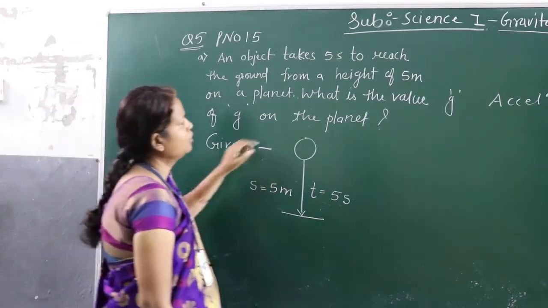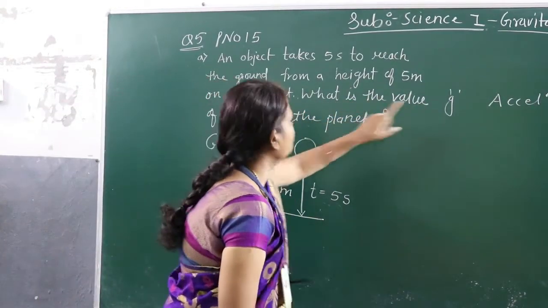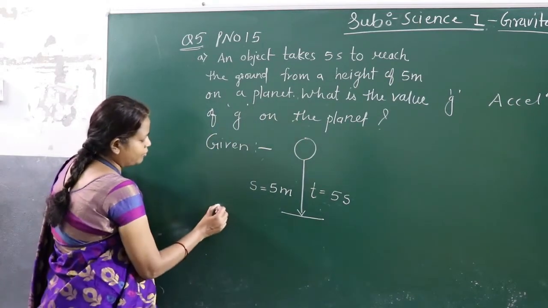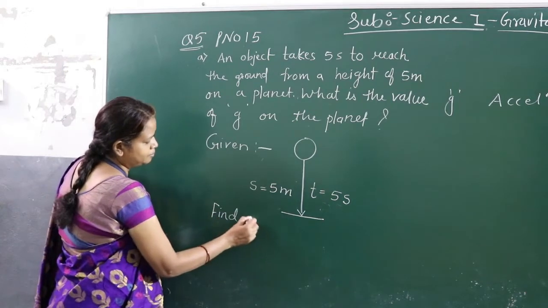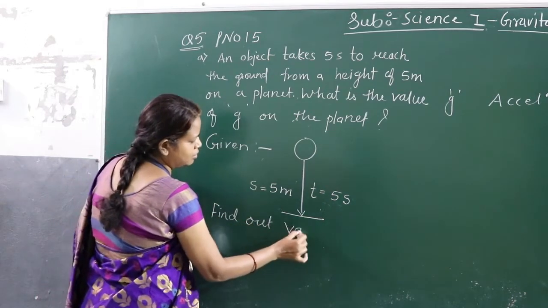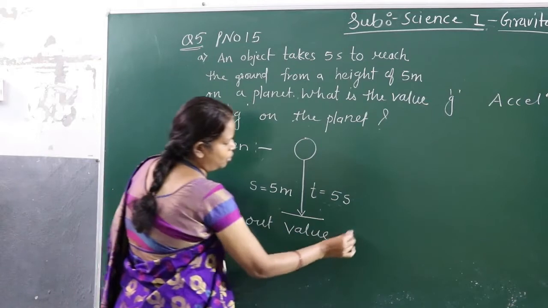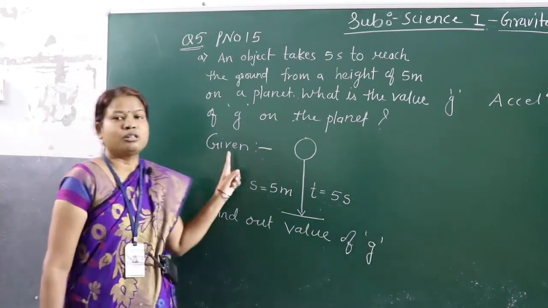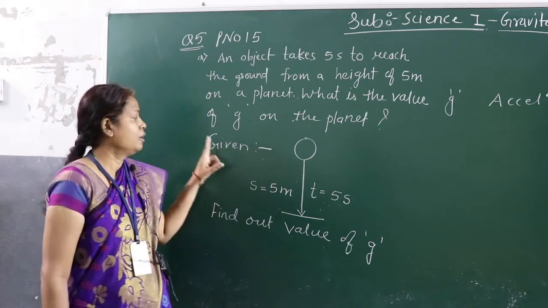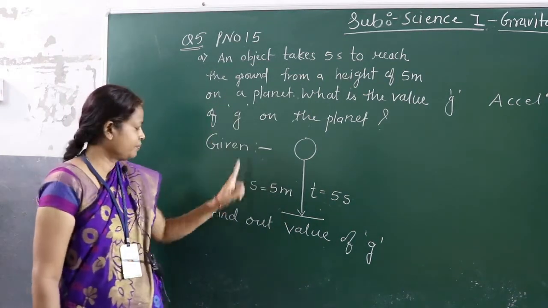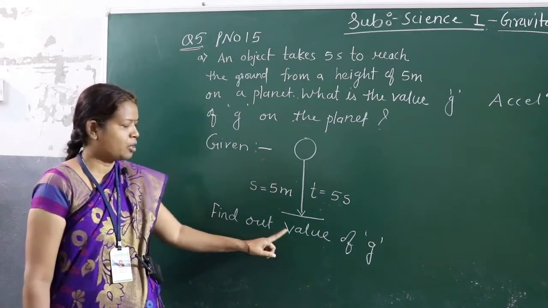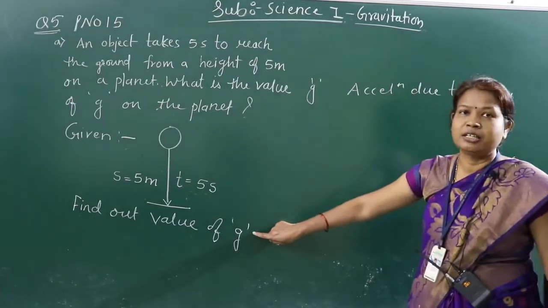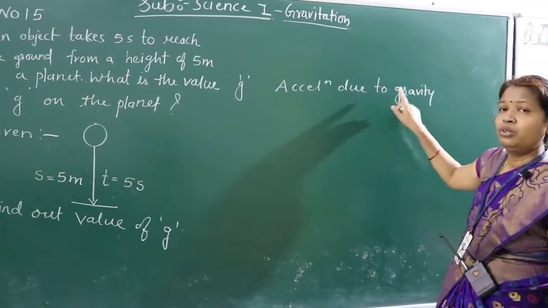What we have to find out? What is the value of g on the planet? So what we have to find out is the value of g. While solving the problem, always remember, write what is given in the problem, then write what you have to find out. Then we have to find out small g, that is acceleration due to gravity.